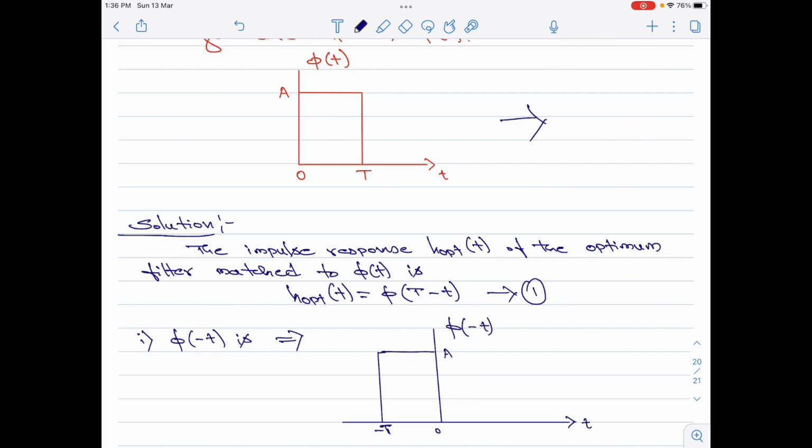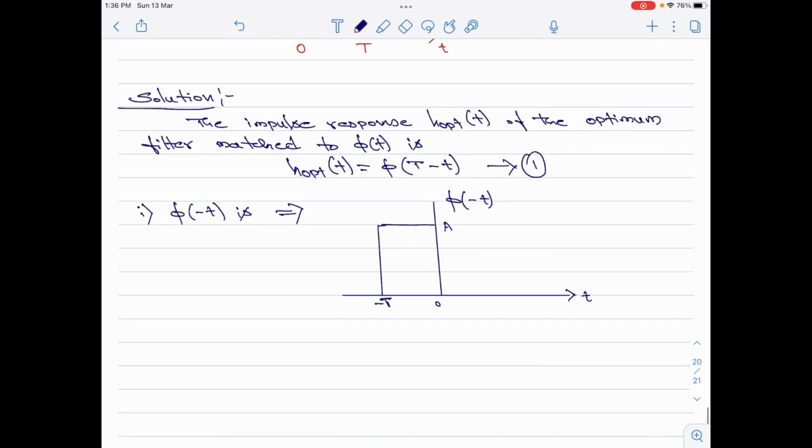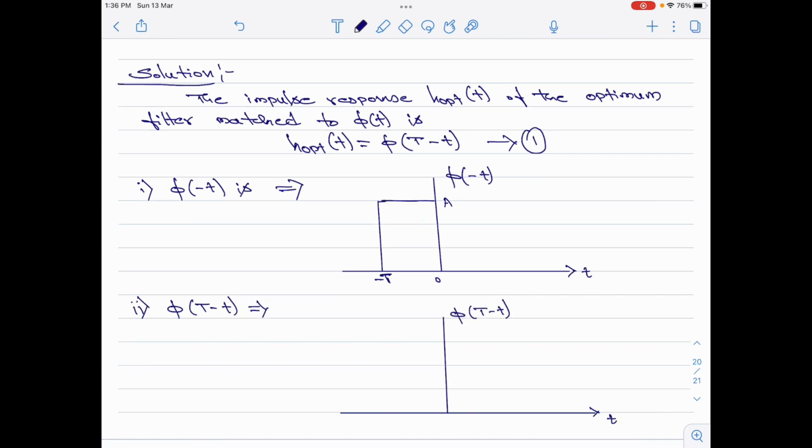Right. So this is phi of minus t. So the phi of capital T minus t can be now given as, here I have to simply shift phi of minus t to the right by a value of capital T. So this reduces to, right, this is the impulse response of the optimum filter matched to phi of t.